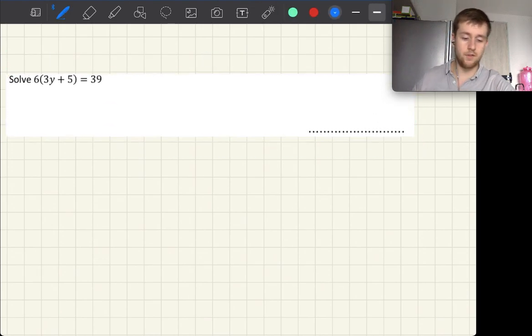Okay, we have 6 times (3y plus 5) equals 39. Here there are actually 2 ways to go. Actually, every time we do equations, there are many ways to solve them. I will show you both methods in this case. So here's the first method. We could open the brackets first.